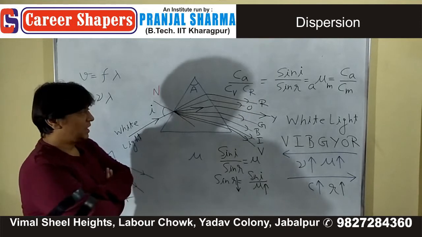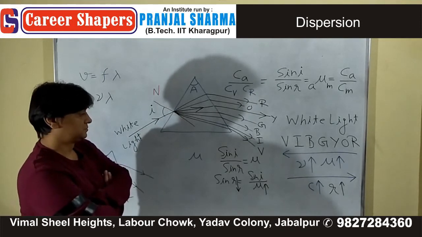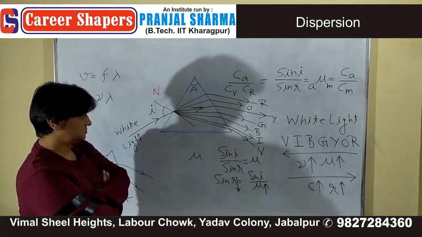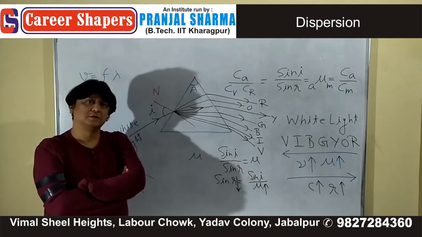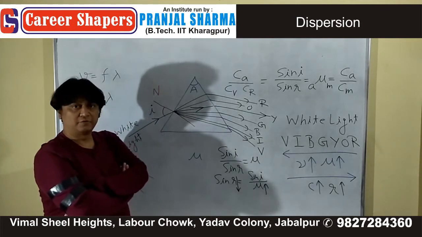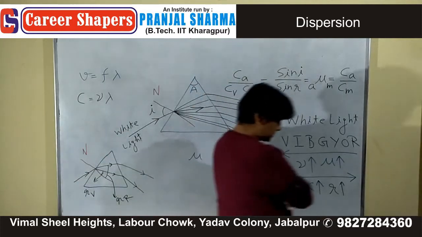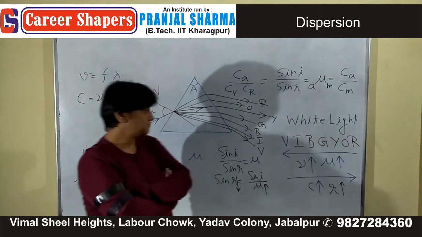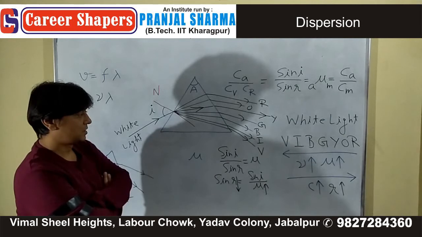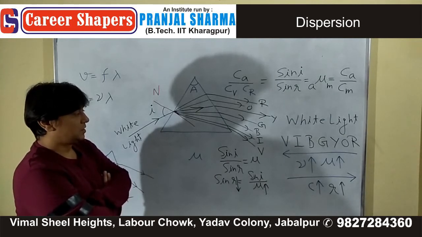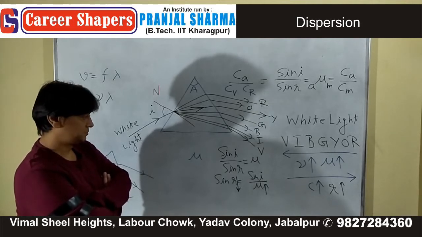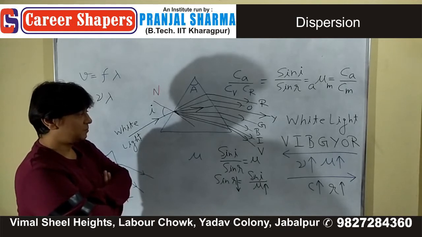And as light enters into a medium, all these colors move with different velocities, with the velocity of violet color being minimum and that of red being maximum.